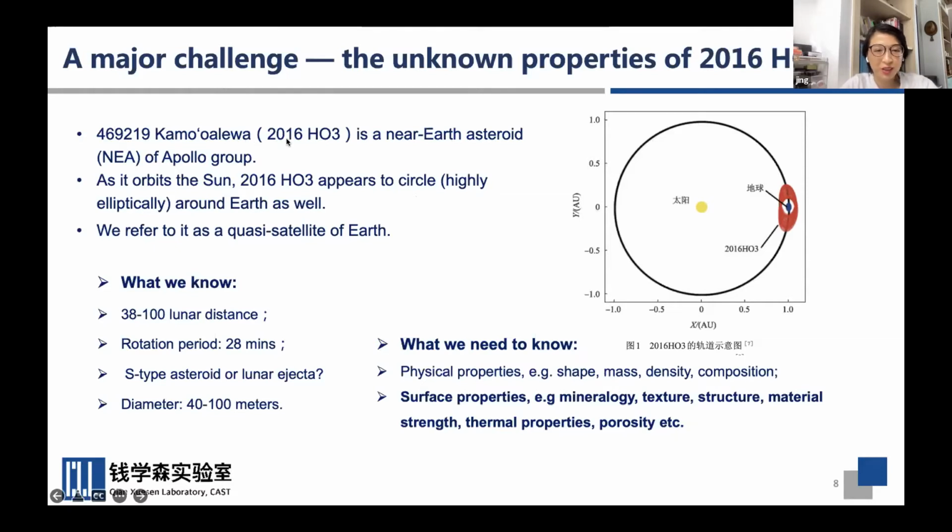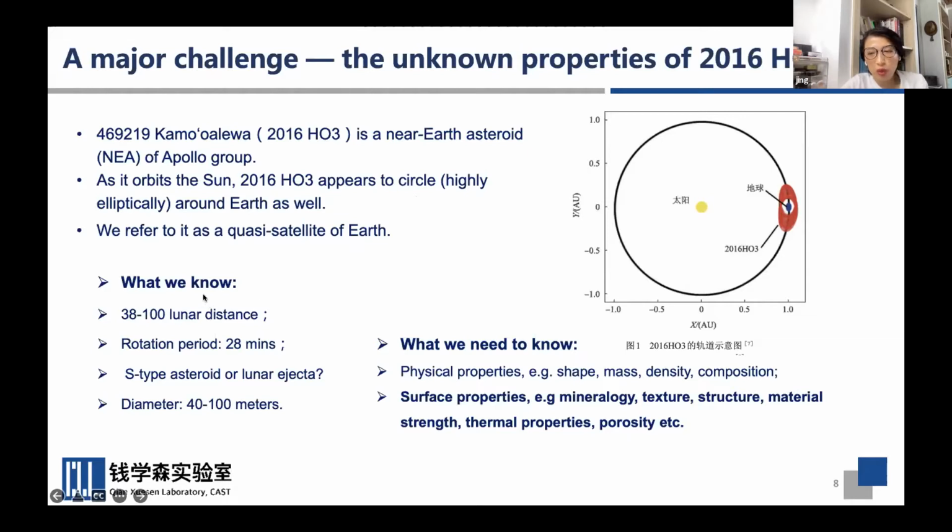So I still call it 2016 HO3, or for short, HO3. As it orbits the sun, it appears to cycle around the Earth as well. So we call it a quasi-satellite of the Earth.